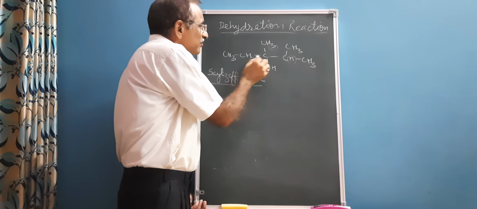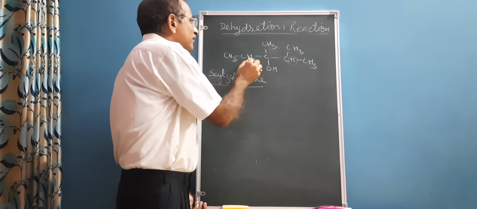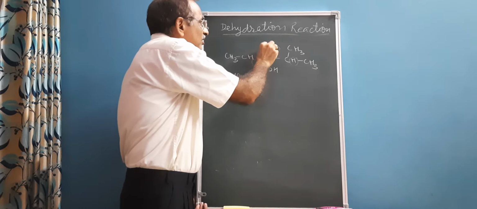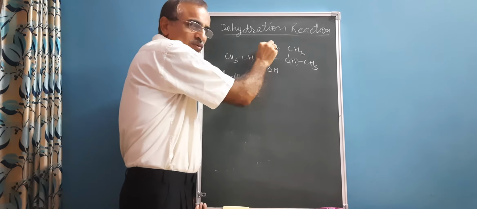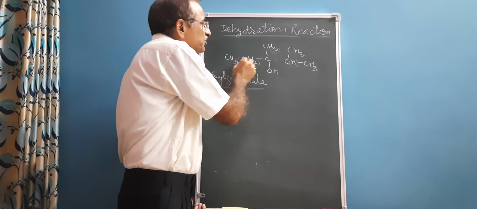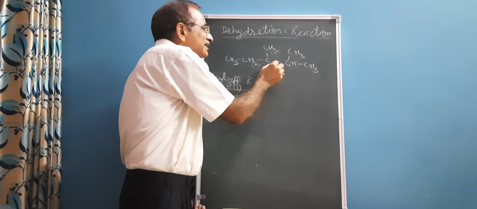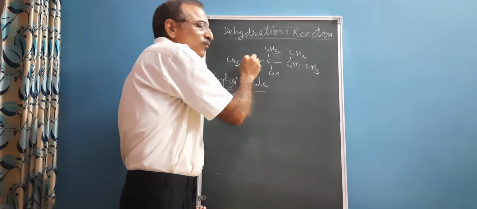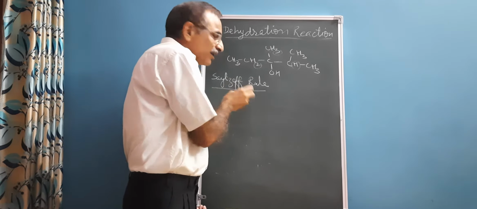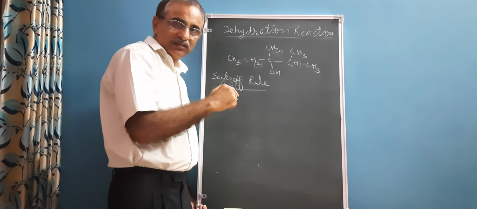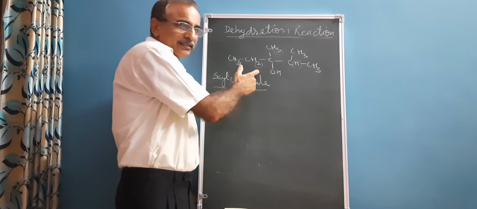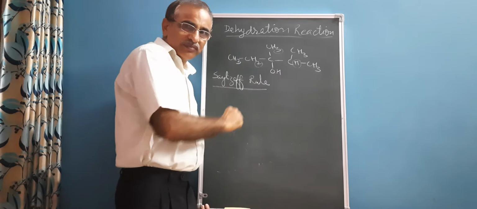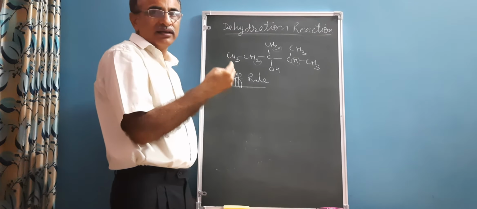Whenever alkene is formed here, we can easily observe that substitution will be only 1, 2 and 3. Here, if a double bond is formed between these two carbon atoms, number of substitution will be 2, but once the double bond is formed here, number of substitution will be 1, 2, 3 and 4. Saytzeff rule can be stated in other words as: during dehydration or dehydrohalogenation reaction, once alkene is formed, the more substituted alkene is going to be formed.